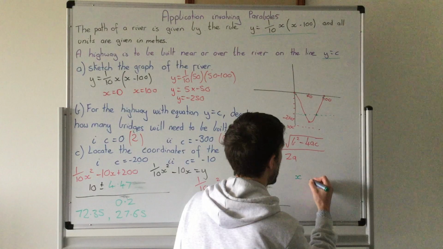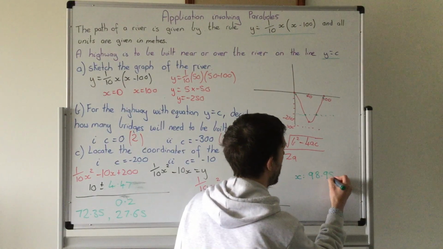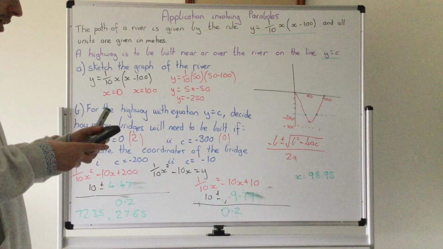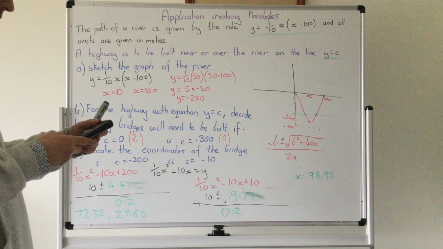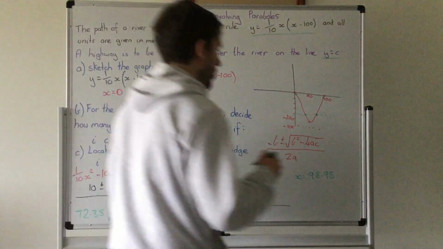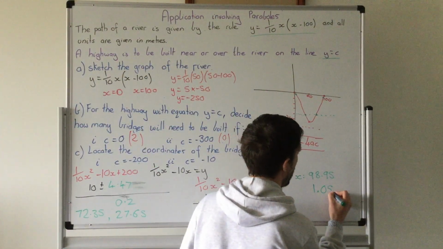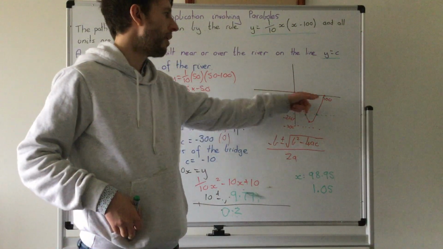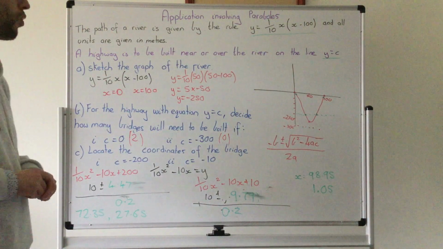So x will be 98.95. And then if I go the other way, 10 minus 9.79 divided by 0.2, I get 1.05. So it's at the very beginning and very end of our parabola, and that's how we get our points.